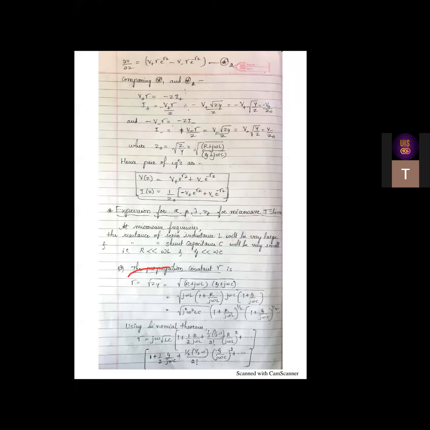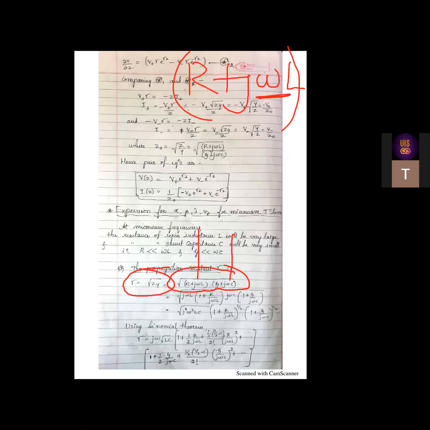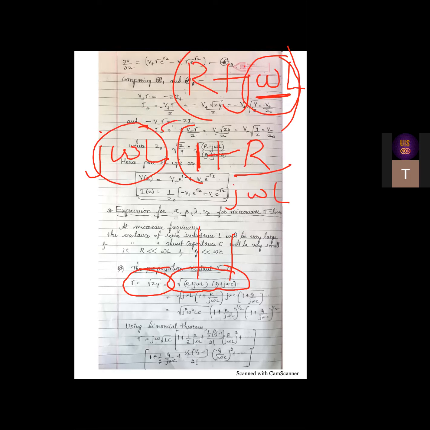Gamma is equal to the square root of ZY, where I have substituted Z and Y. In the next step, I'll take j omega L and j omega C common. In the first bracket I have R plus j omega L. If I take j omega L common, I will have 1 plus R divided by j omega L, so that when I multiply it back inside, these two get cancelled and I get R back.